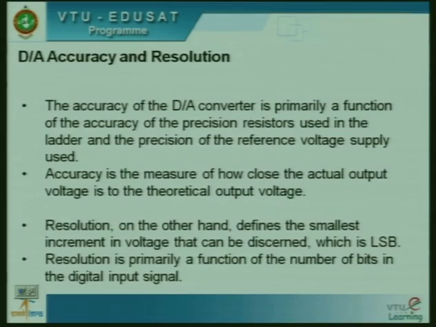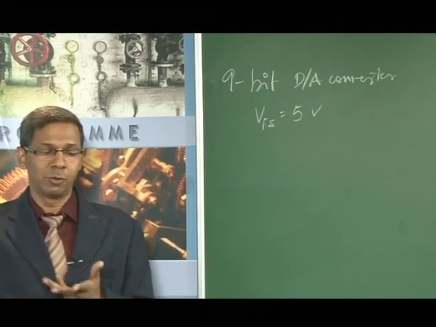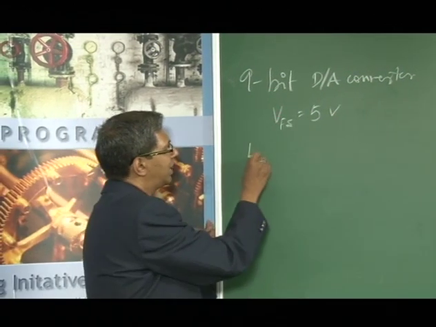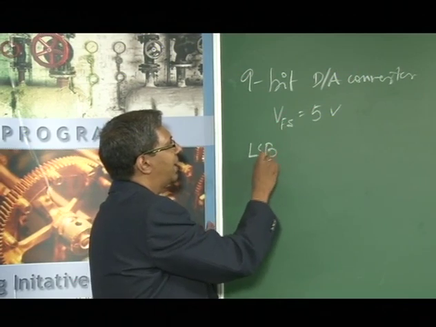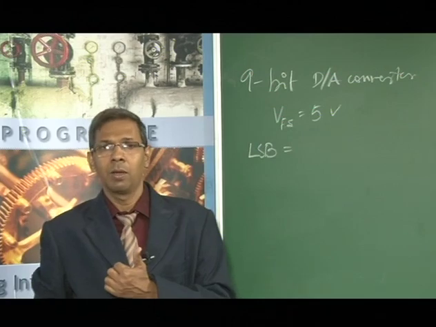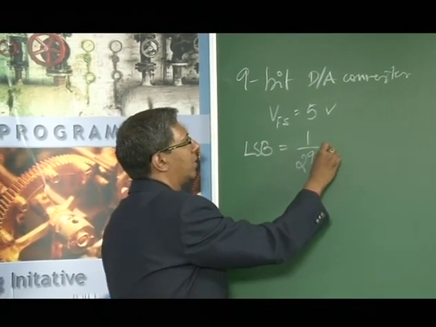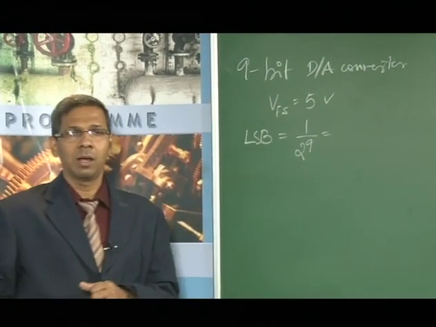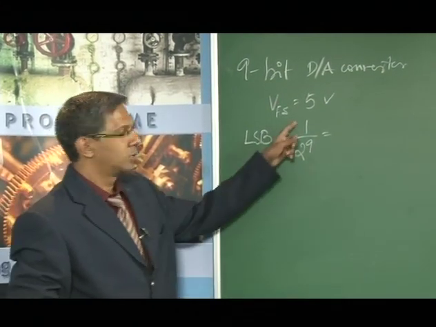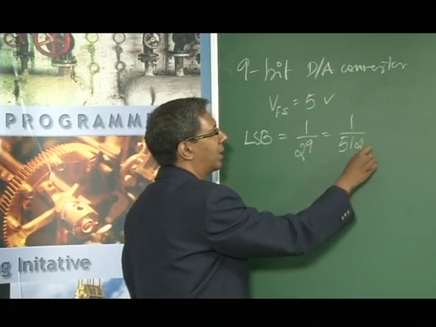Now resolution is nothing but the LSB, as we already said. What is LSB? LSB is 1 upon 2 raised to n if you are using an R-2R ladder network. So 1 upon 2 raised to 9 is nothing but 1 upon 512.